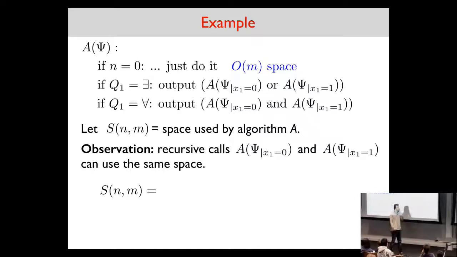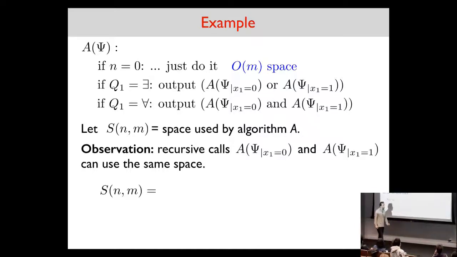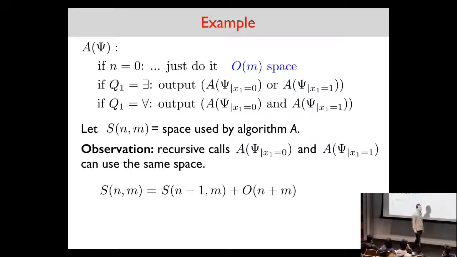And then if you do that, you can write a recurrence relation for S(n, m). That's basically S(n minus 1, m), the space you're using for the recursive call, plus, at most, something like n plus m, because I'll need to write this input down for A, and that's order n plus m bits.